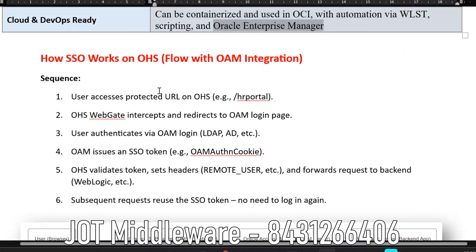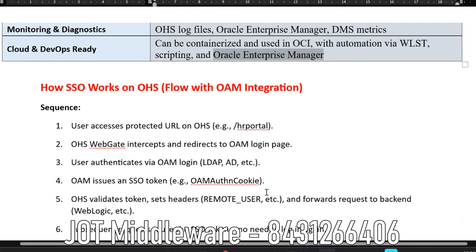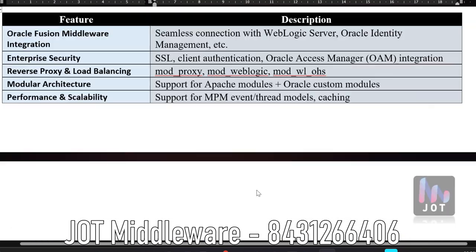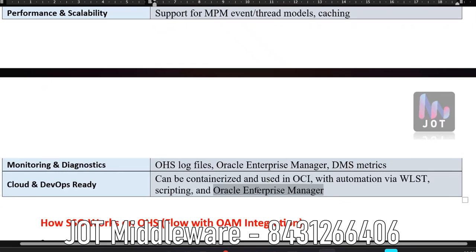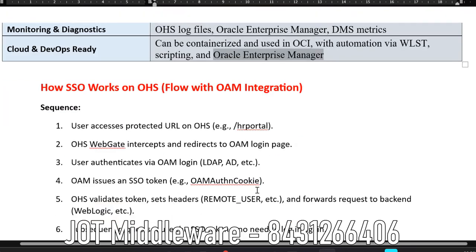So how does SSO work on OHS? It's all about security. The first thing is the front end, or the client-facing servers. These days, load balancers play a crucial role as client-facing servers.